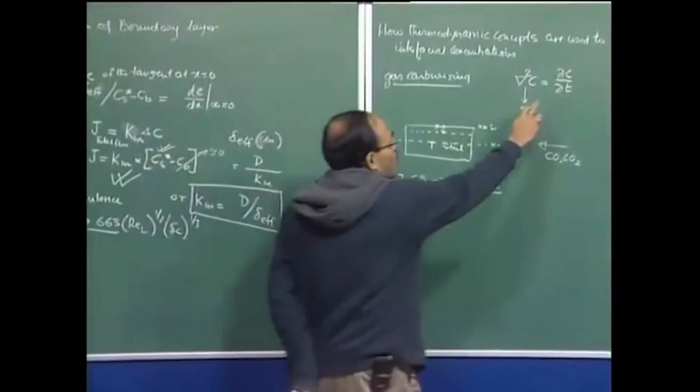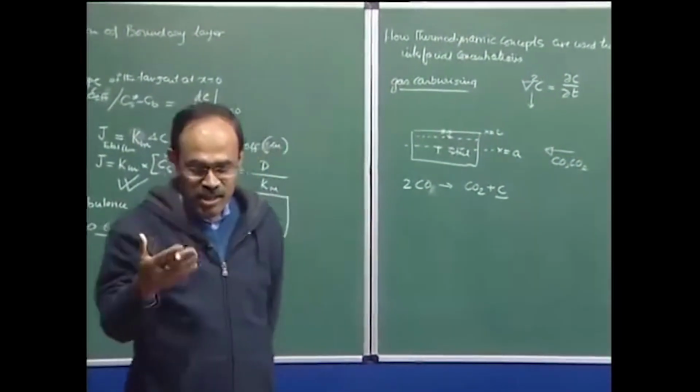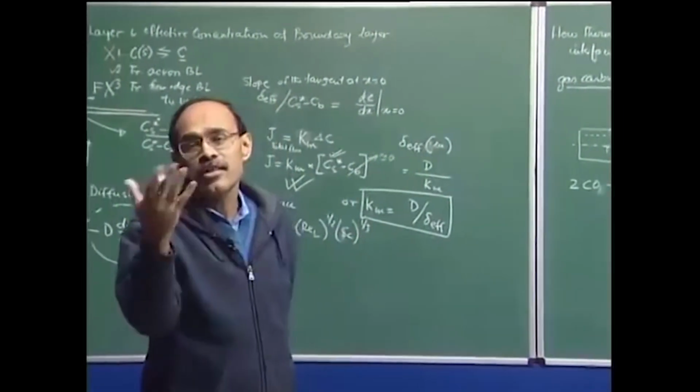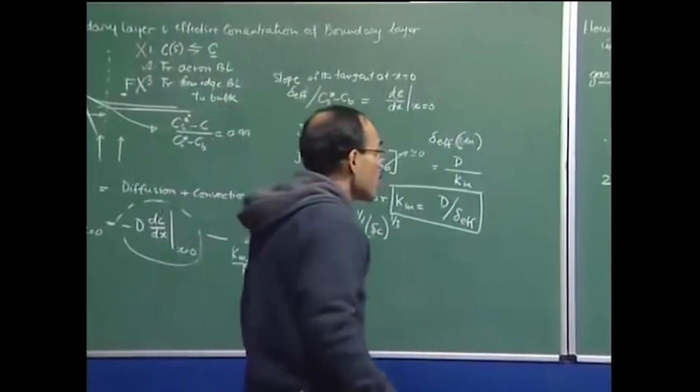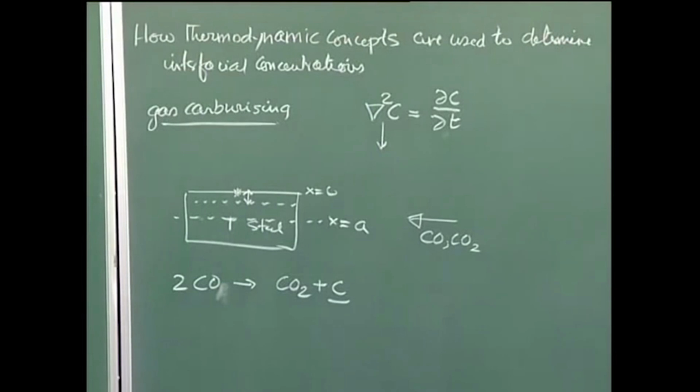At t is equal to 0, we need another condition which essentially tells us that at time t is equal to 0, the concentration everywhere is equal to the homogeneous uniform concentration. So, we need the surface concentration to calculate the rate at which carbon is diffusing, to calculate the case depth here. Now, how do you determine the surface concentration here?